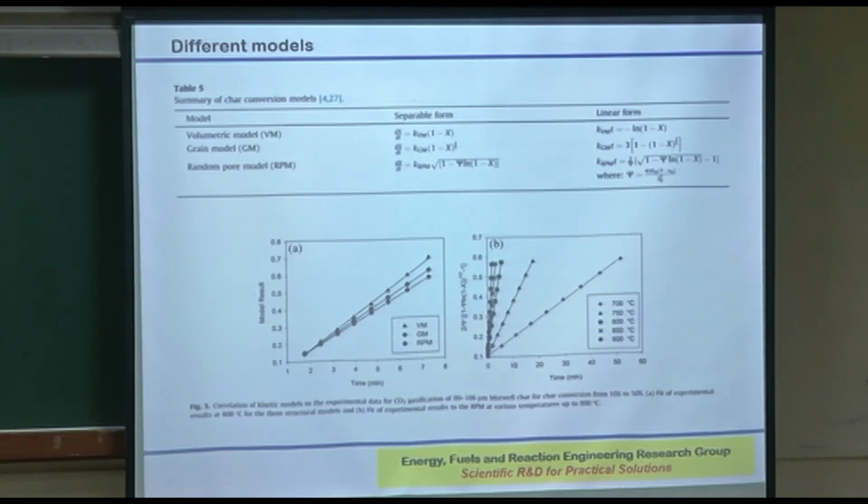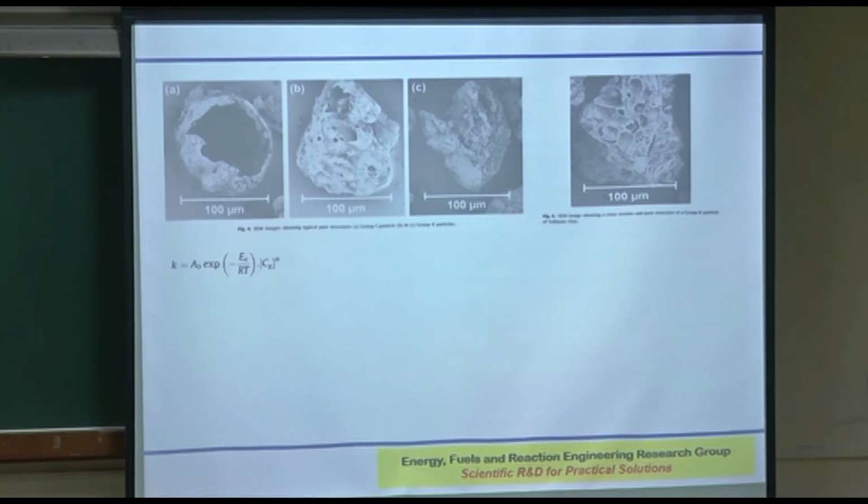So what it is telling us is the volumetric model matches, the shrinking core model matches, the random pore model also matches, which is basically telling us that for these charts, psi and so on doesn't mean anything. So that's the conclusion from this simple mathematical representation of the experimental data against the model. But is there any proof that structural variation is not going to affect? Yes, it is. That's the proof.